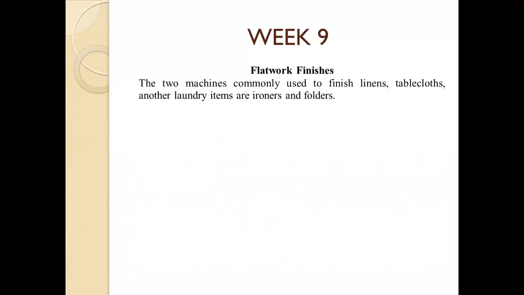So after that, we have the flat work finishes. So we have washed our laundry, we have extracted the water from our laundry, and we have put our laundry into our dryer. Now we have the flat work finishes, and the two machines commonly used to finish linen, tablecloths, and other laundry items are ironers and folders.